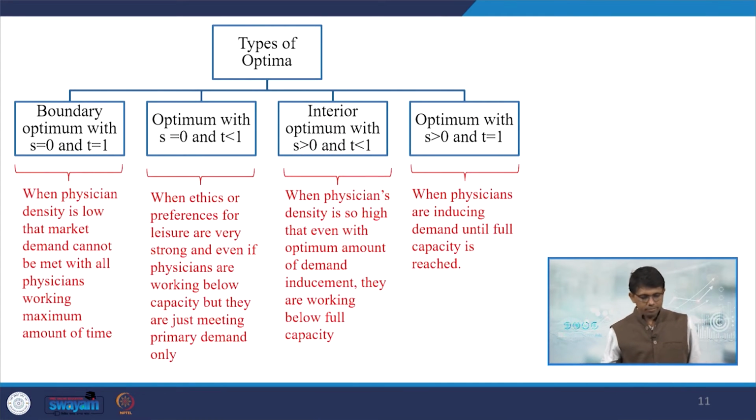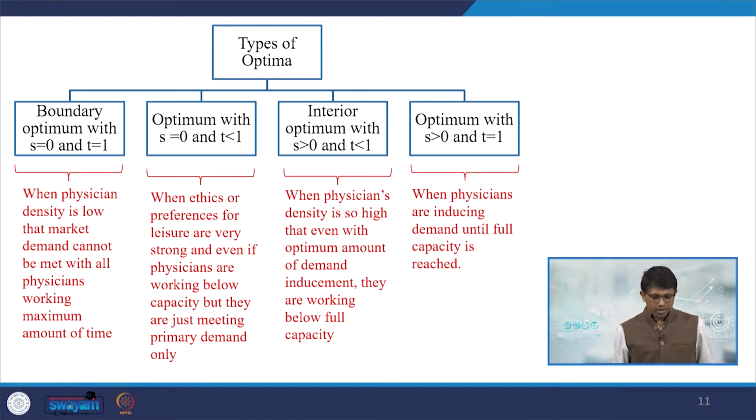So, here when the first boundary condition occurs, both are 1, that means when physician density is low, market demand cannot be met with all physicians working the maximum amount of time.